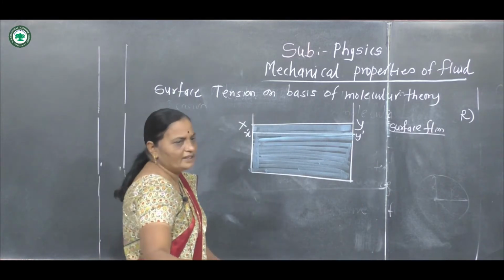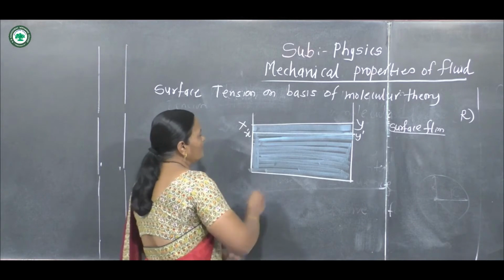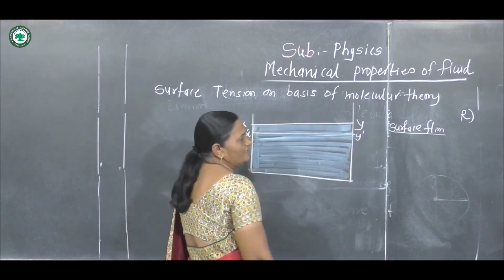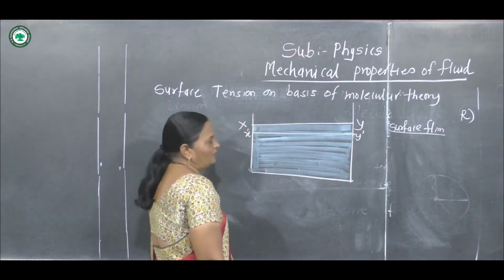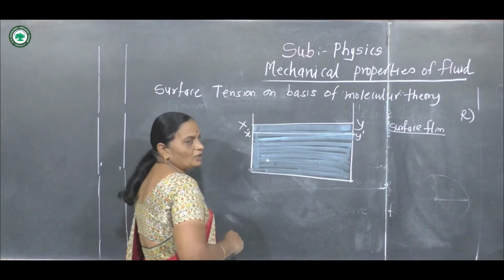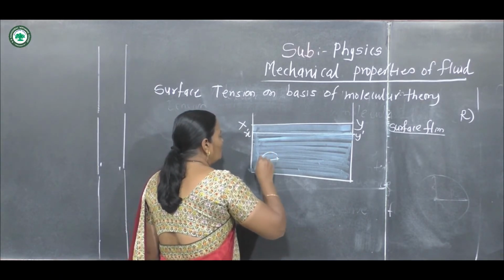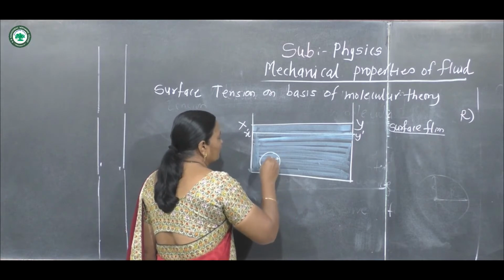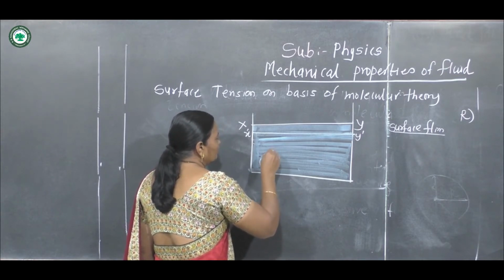See here, we consider the liquid at rest. Now this XY is the free surface, XX dash, YY dash is the surface film. Now we consider a molecule here, molecule A. This is the sphere of influence.